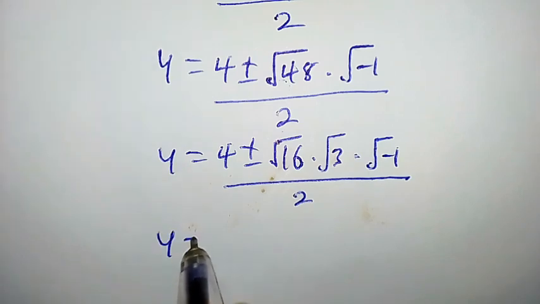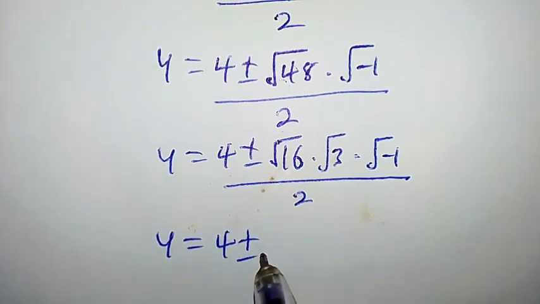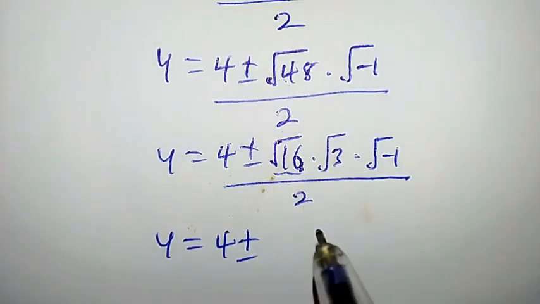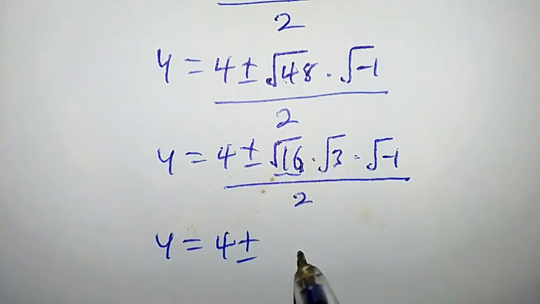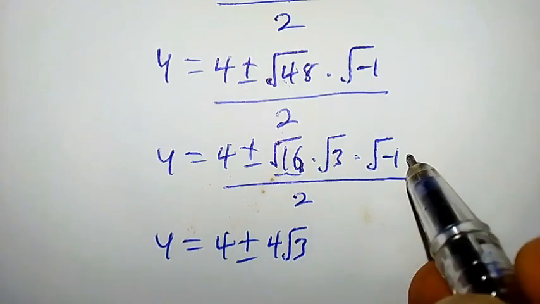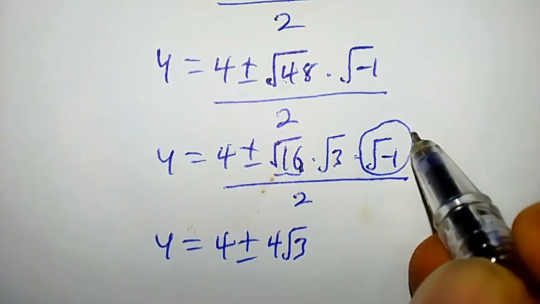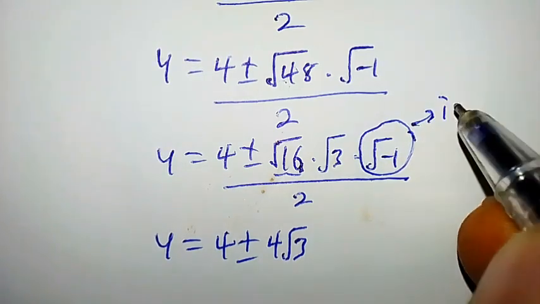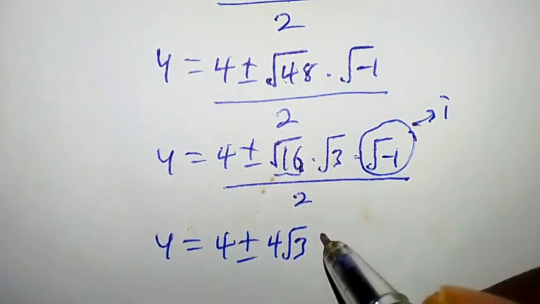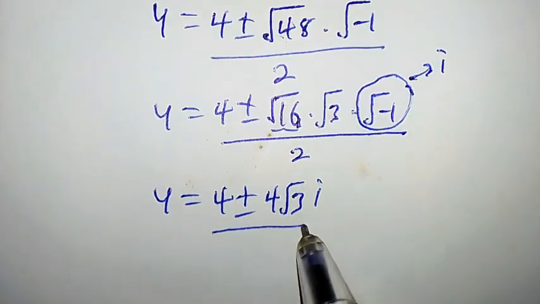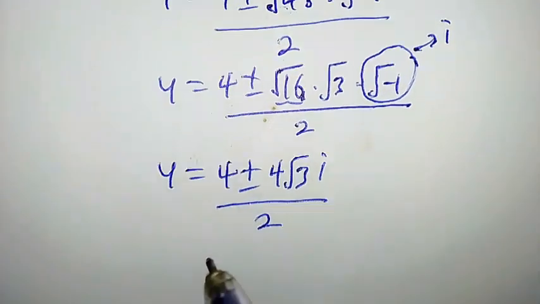So y equals 4 plus or minus, what is square root of 16? That is 4. So we have 4 times square root of 3. Don't forget this guy, square root of negative 1. It is simply i from the complex number. So we have i over 2.